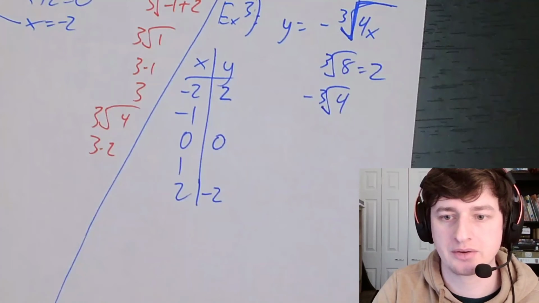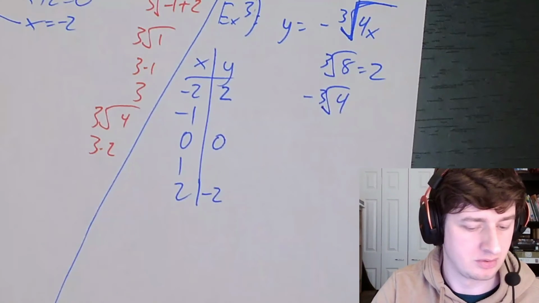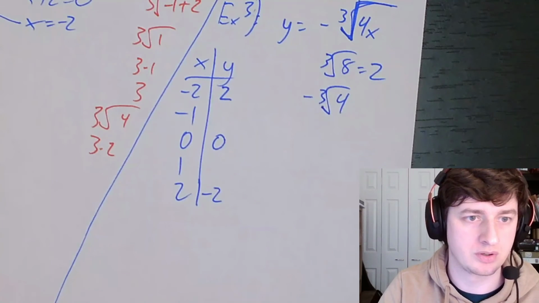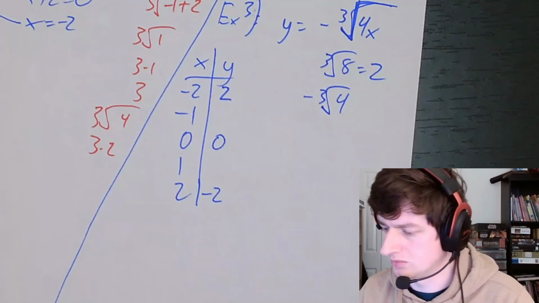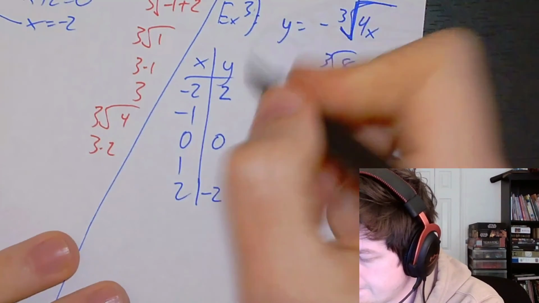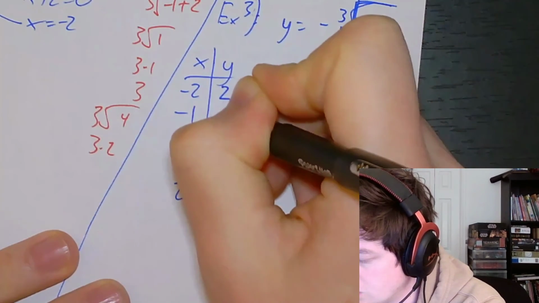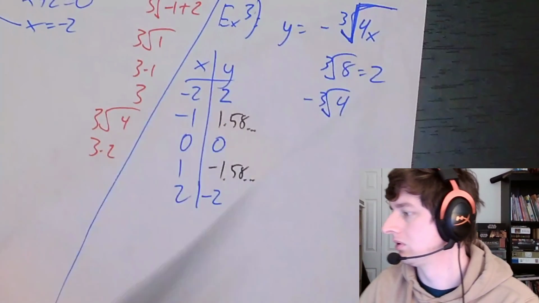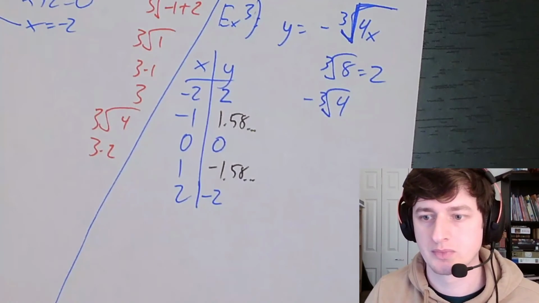And so using a calculator, negative cube root of 4 is negative 1.58. And so this one's going to be positive 1.58. Okay.